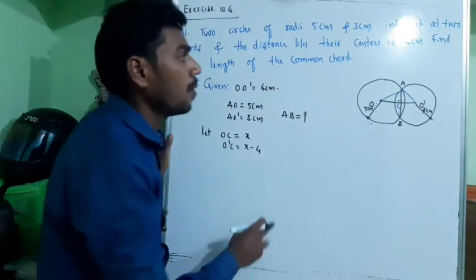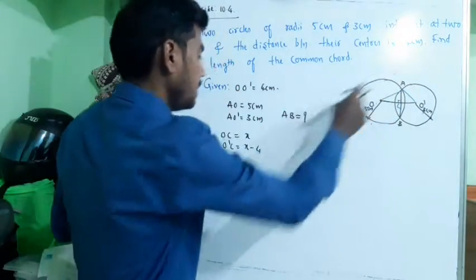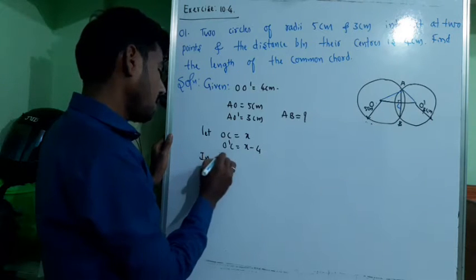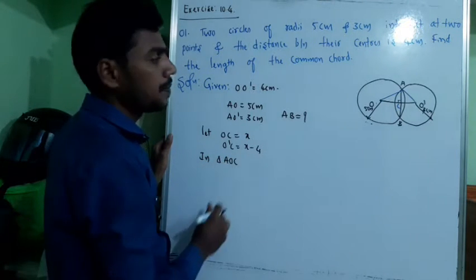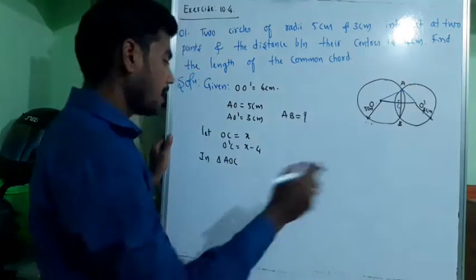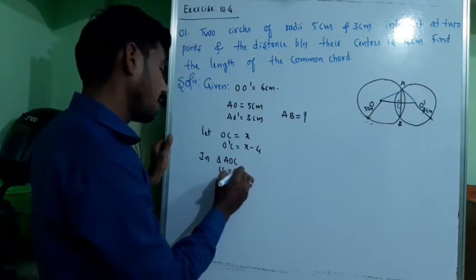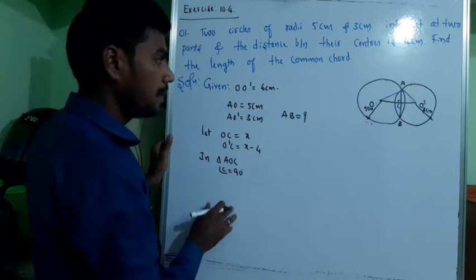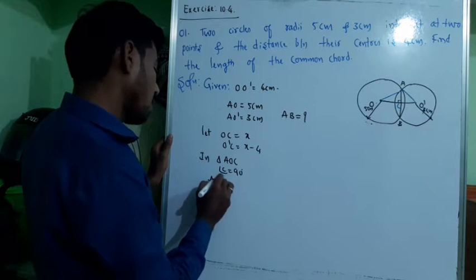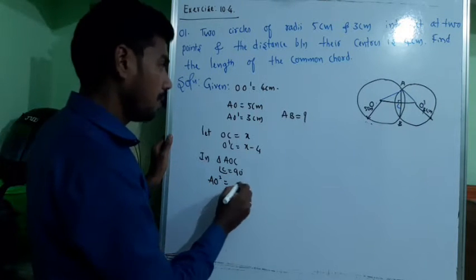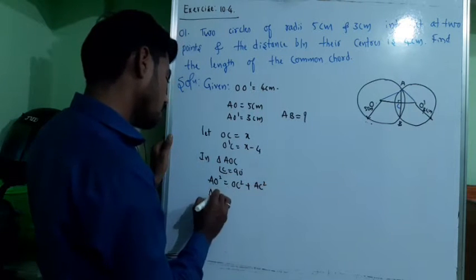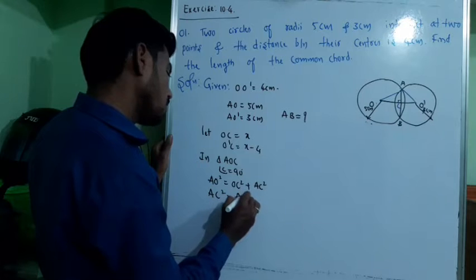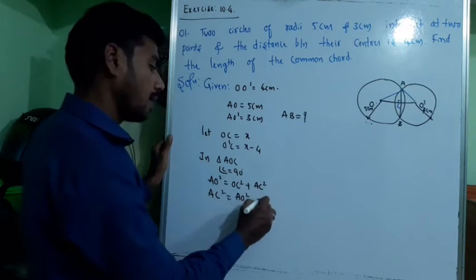Now in triangle AOC, angle C is equal to 90 degree. So then what can I write? AO square is equal to OC square plus AC square, or else AC square is equal to AO square minus OC square.